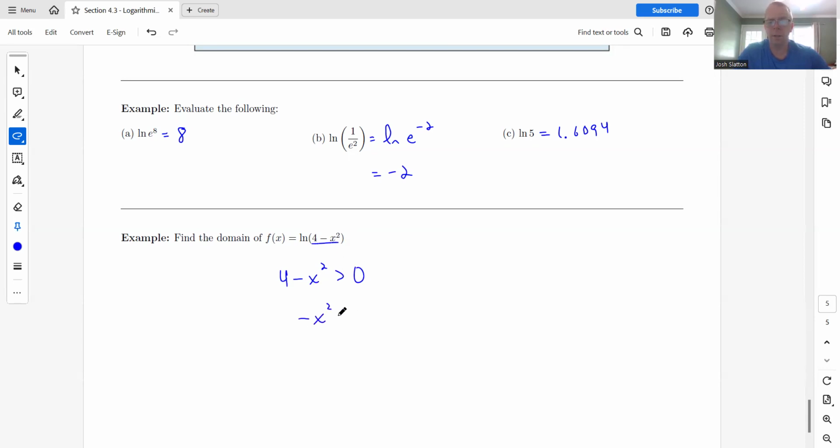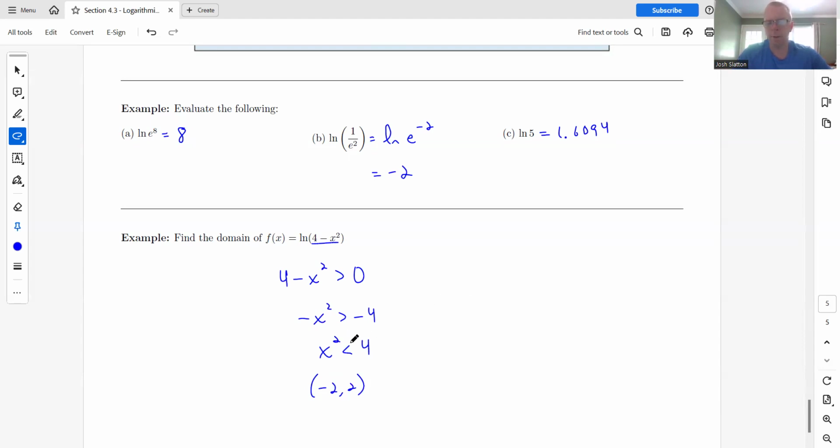Solving the inequality, we get negative x squared is greater than negative 4. Divide by the negative, we flip the inequality. So x squared is less than 4. Now you could also graph this, but we're going to end up with negative 2 to 2.